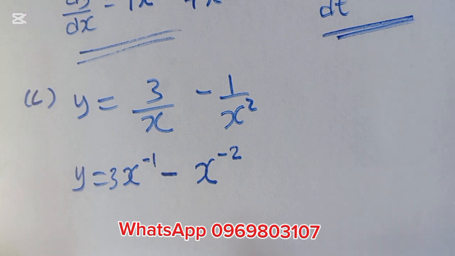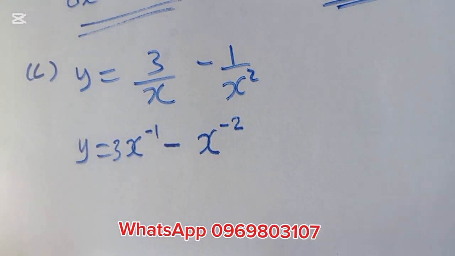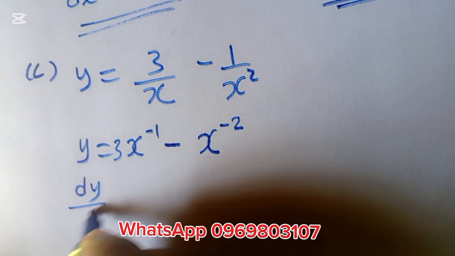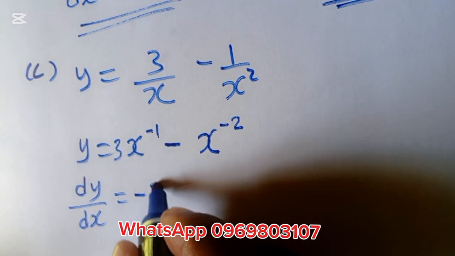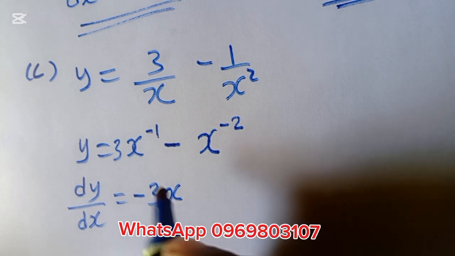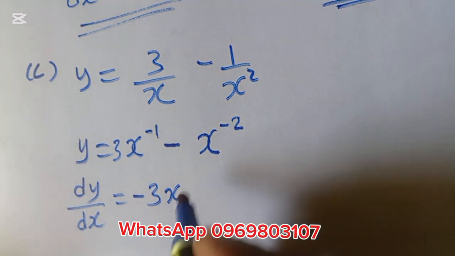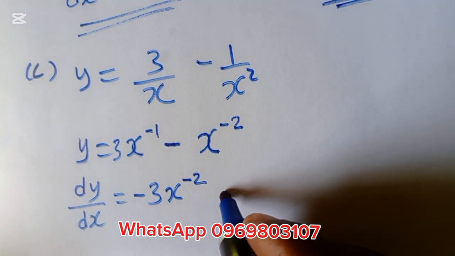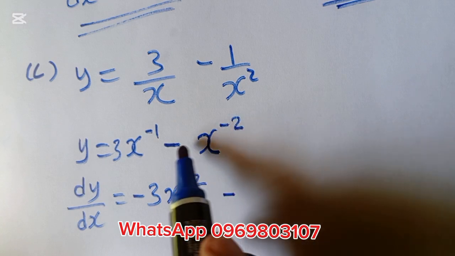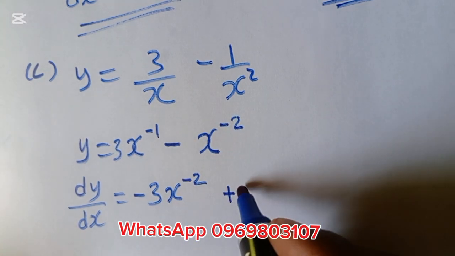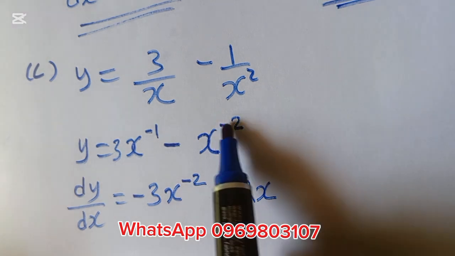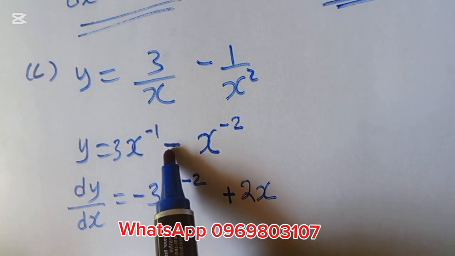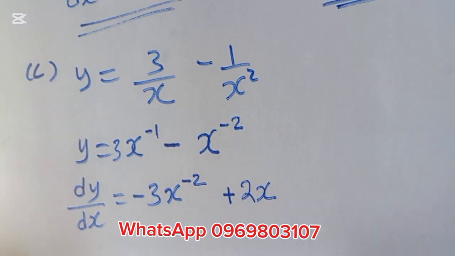Okay. So now we differentiate by saying dy/dx is equal to negative 1 times 3, negative 3, negative 1 minus 1, that is negative 2, negative times negative, that is positive 2x. So negative 2 times negative x, that is positive 2x.